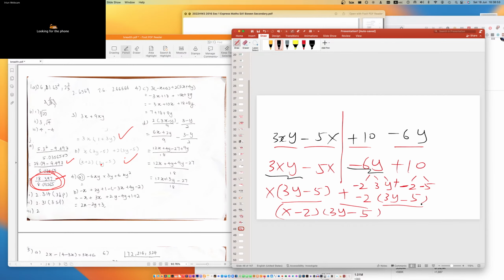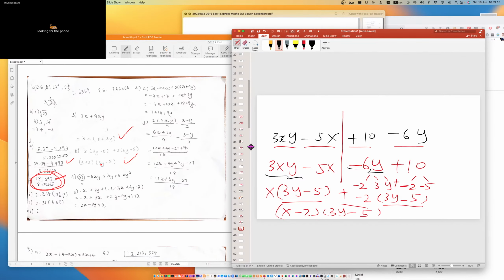So first thing first, must rearrange. Of course split first, then rearrange the second part. Then after you rearrange the second part, you are right to take out the 2. But if the 2 doesn't help, then take out negative 2. Okay? Good.